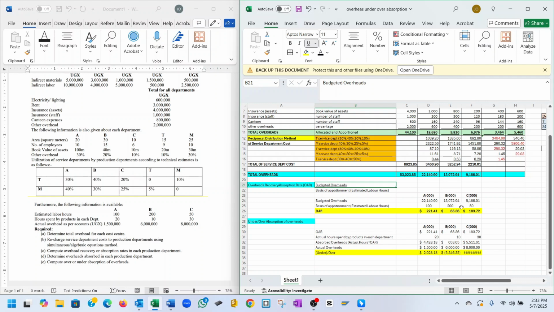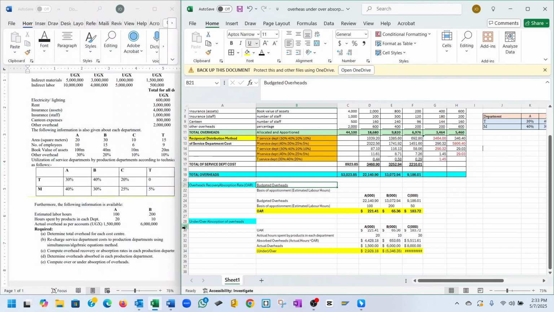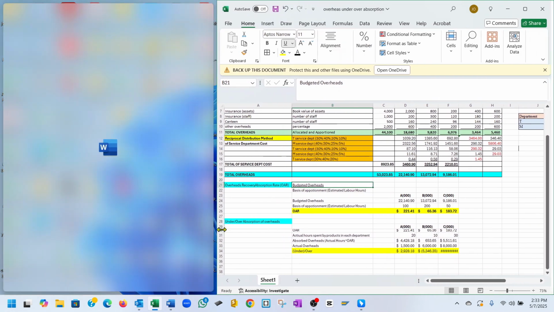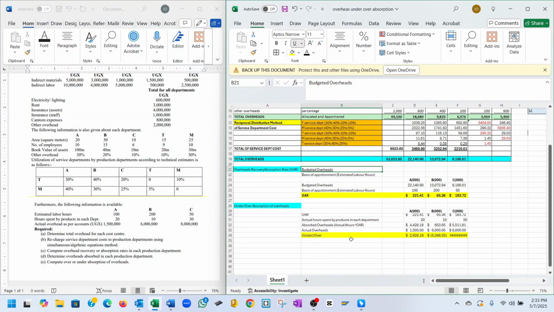The same applies to B and C. So the overhead absorption rate has been given, and that part of question C has been settled. Great. Now let's go to the next question.